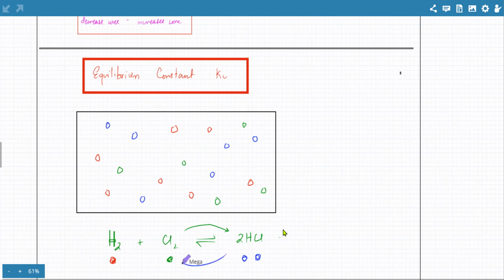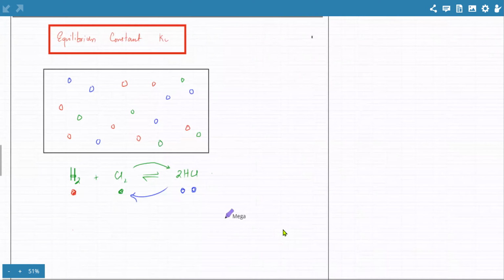And there's going to come a point when the rate of forward reaction and the rate of backward reaction would be equal and the reaction would be at equilibrium, which means that the net quantity of the reactants and the products would stop changing. I mean, the reaction would still be going on, both forward and backward, H2 and Cl2 combining to form HCl, and vice versa, HCl breaking down to form H2 and Cl2.